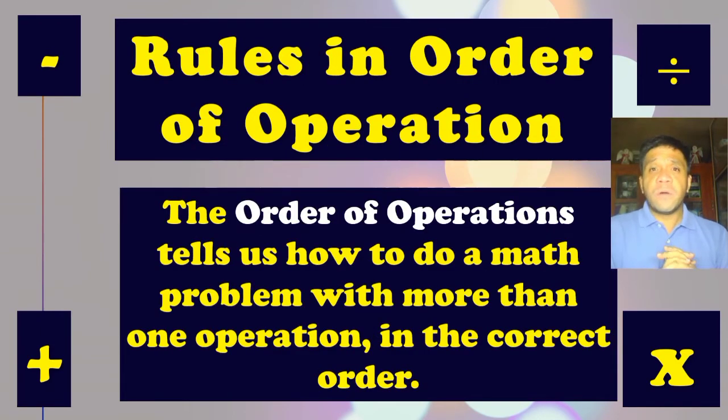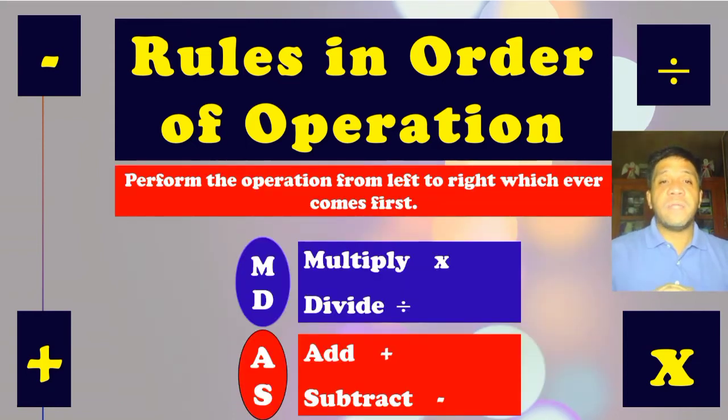In working with the order of operations, there are certain rules. How to do a math problem with more than one operation in the correct order, that would be our main objective. As you notice, you are going to perform operations, the four fundamental operations, from left to right, whichever comes first.